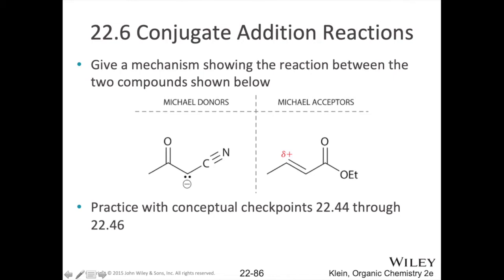Okay, so here's an example of a Michael donor and a Michael acceptor. Go ahead and draw out a mechanism showing that. So I don't have an answer slide for this, but basically your nucleophile, you start off by drawing an arrow going to that beta carbon. Those electrons, you can have a curved arrow going here and one going here.